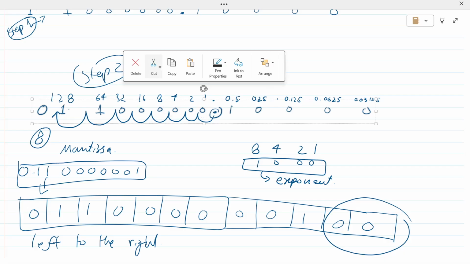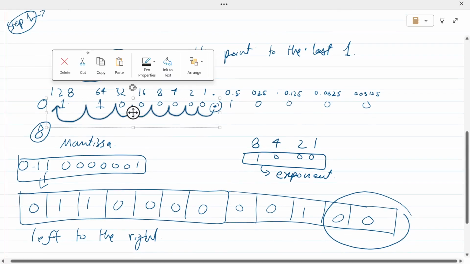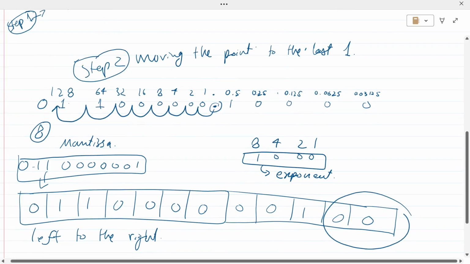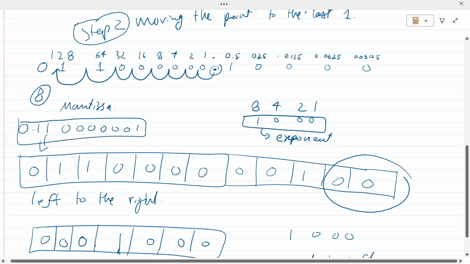Moving the point to the last one, right? Once you're done with that, you just write your mantissa and your exponent into the right places. That would be step number 3, right?